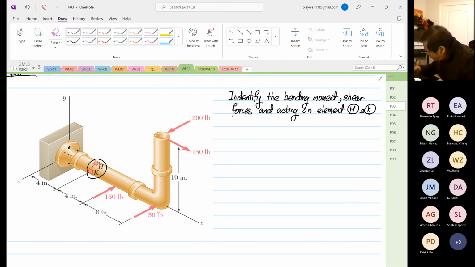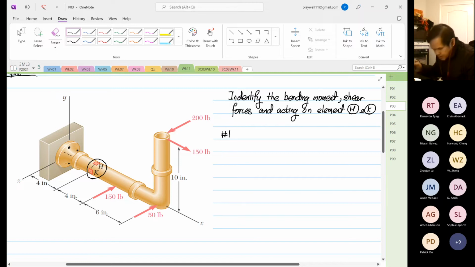So rule number 1 is you have to locate the orientation of the transformation relative to the position of the elements.